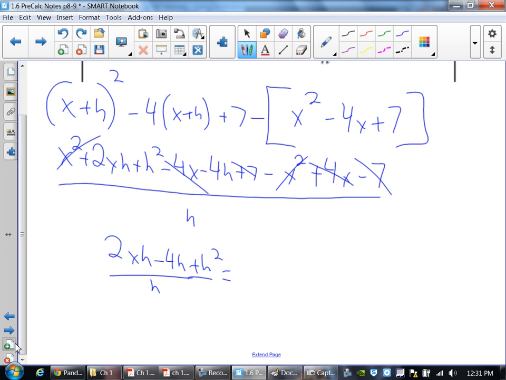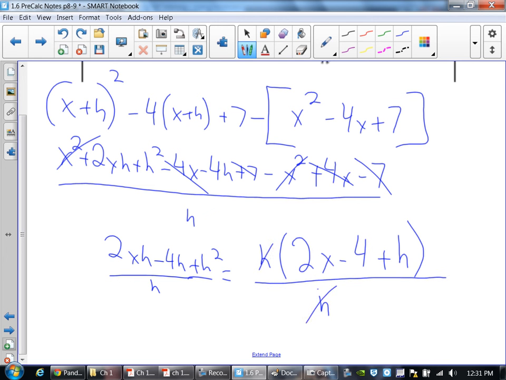So, what can we factor out? We factor out an h. We get 2x minus 4 plus h all over h. And those h's drop. And that would be your answer.